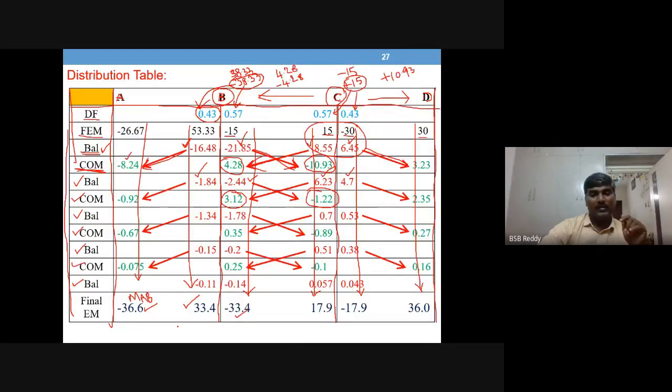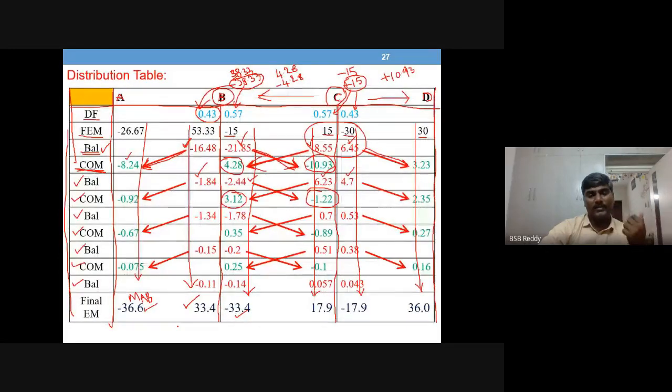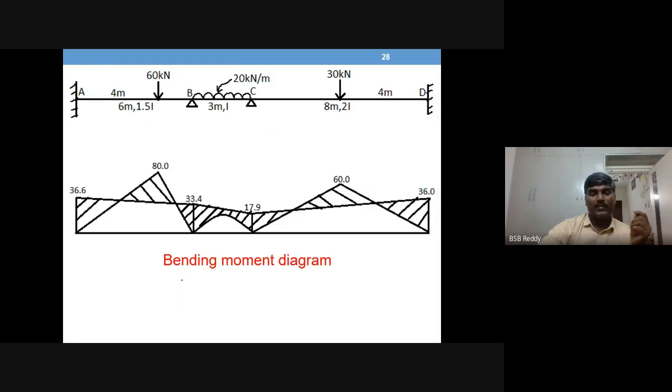Right. Now, how you draw BMD is again the same: overlapping the negative moments or support moments, and then finally overlapping them by span moments.